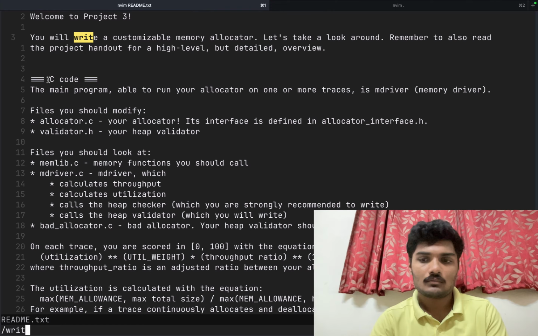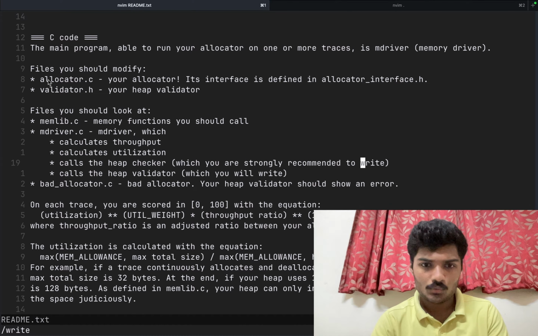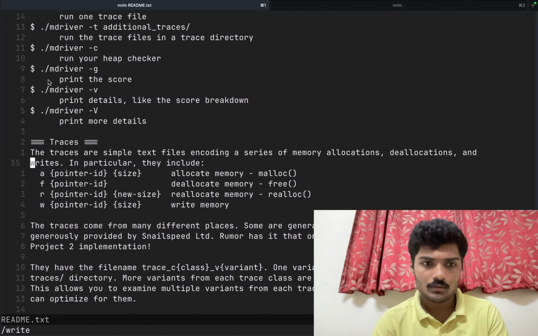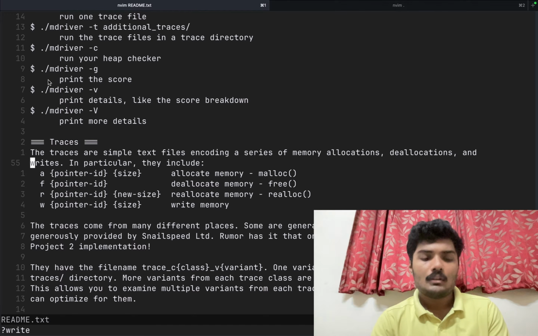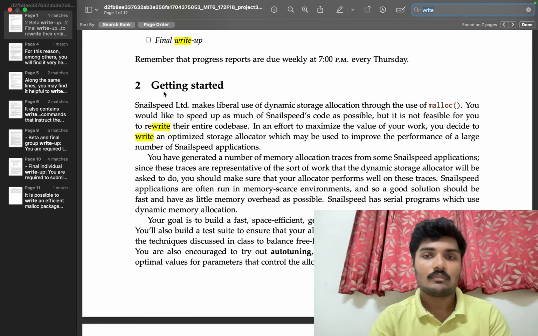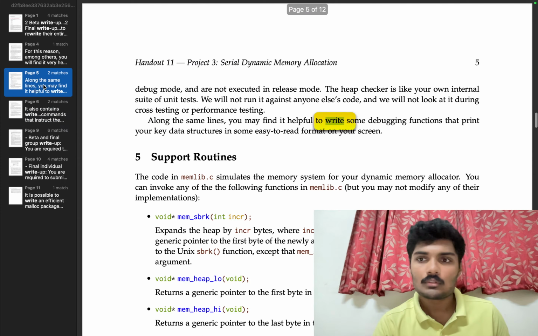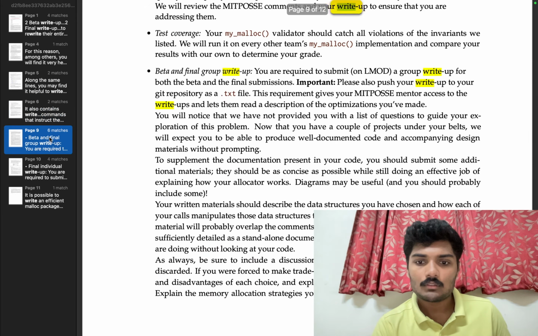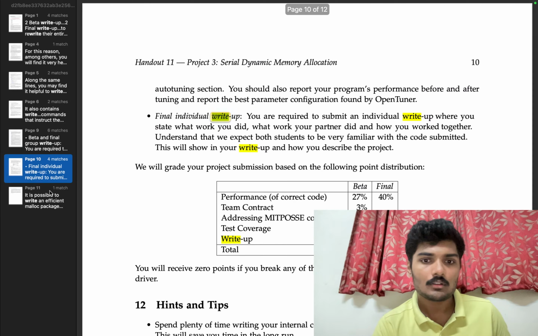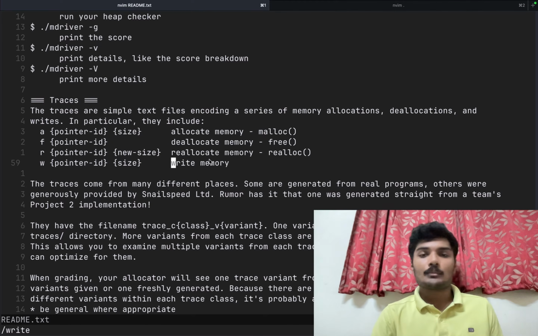It's just write. Which is not the commit. I am not sure what write does. If we even take a look at it, I highly doubt we will find something. Some debugging write. Okay, let's just skip it.